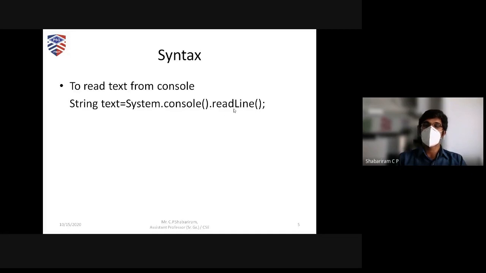Along with that, I am invoking the readLine method, so whatever information is written in your console is read in this line and finally stored in the text variable, right? If you want to print the data, I am using the System.out.println statement, which is going to print whatever data was read using the above line.